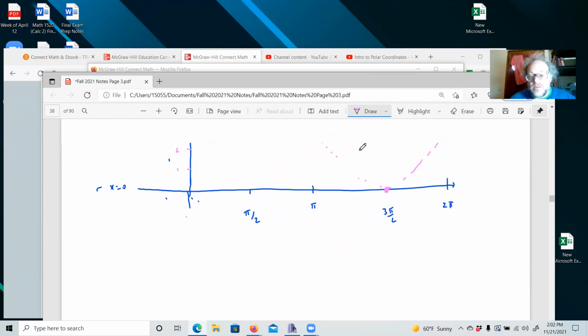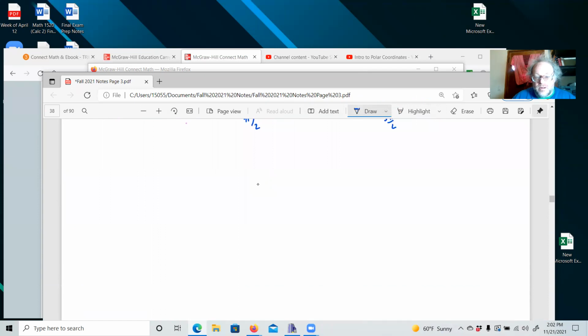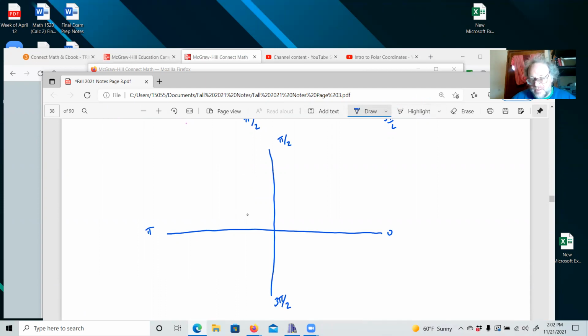Again, we've got our coordinate system, except now it's not x and y. It's 0, pi over 2, pi, 3 pi over 2. It would be nice, but I don't have a way of marking off specific denotations here, so we're kind of stuck. I'll try my best.